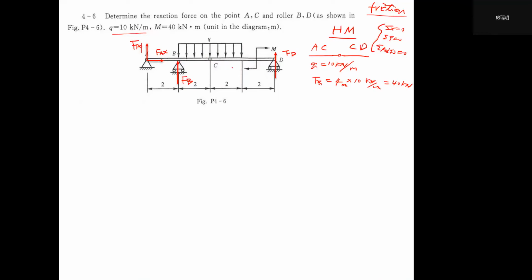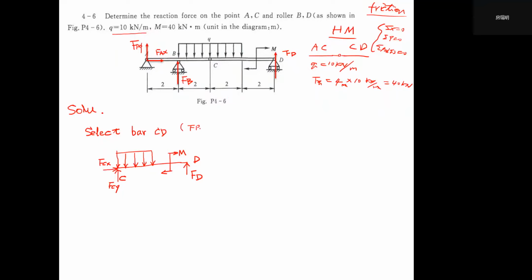So we have to select one part of the whole system to start. Let's say, in this solution, we select bar CD. Please try to listen to my description of our process. We select bar CD and give its FBD, free body diagram.